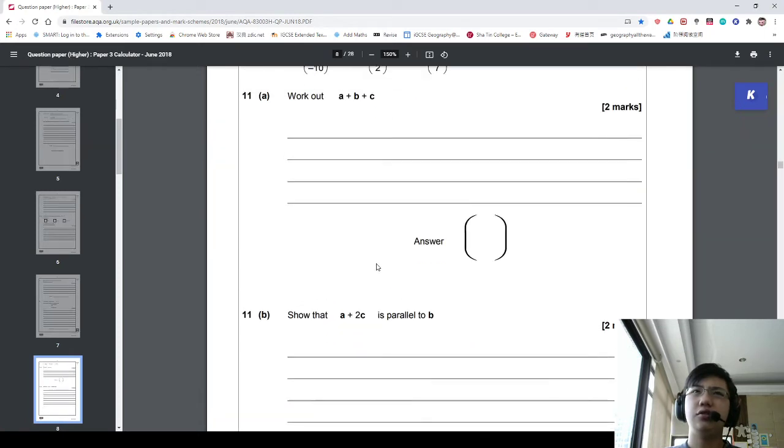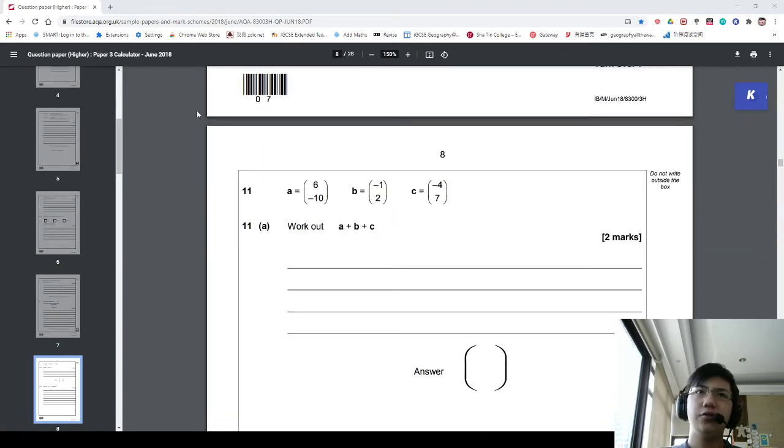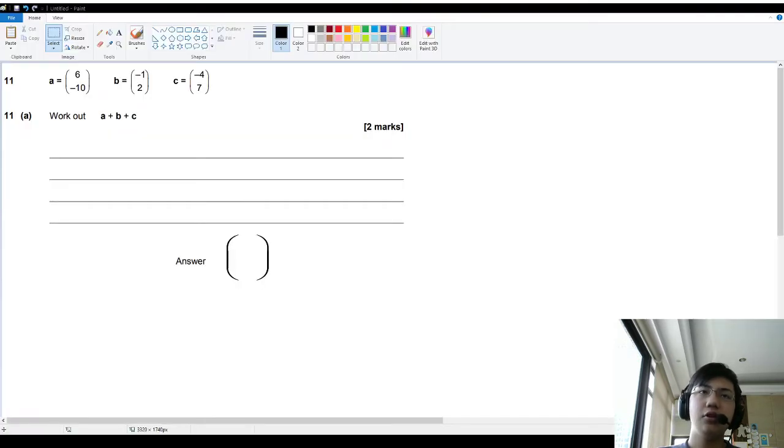Moving on to question 11, we are given three vectors, and we need to work out a plus b plus c in part A of this question. To work this out, we simply need to add these three vectors together, and vectors can be added using simple addition.